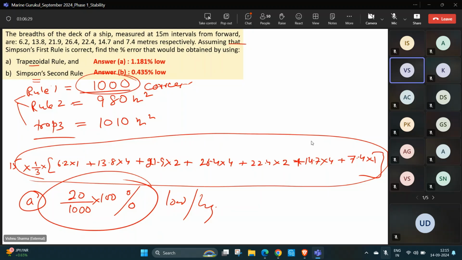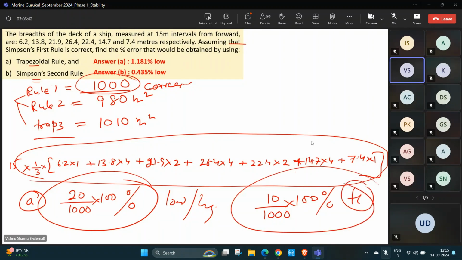By trapezoidal rule in our case, the error is 10 square meters high. So 10 upon 1000, the correct value, into 100%, so much high will be the error, and that will be the answer B. Of course, these 1000, 980 and 1010 are assumed values. You can calculate them and work out the answer.